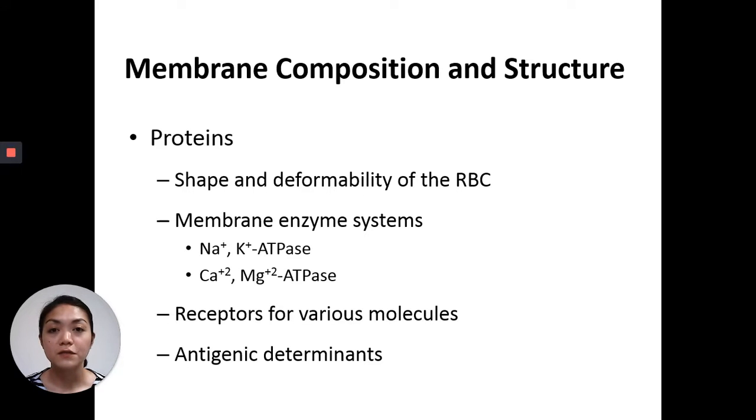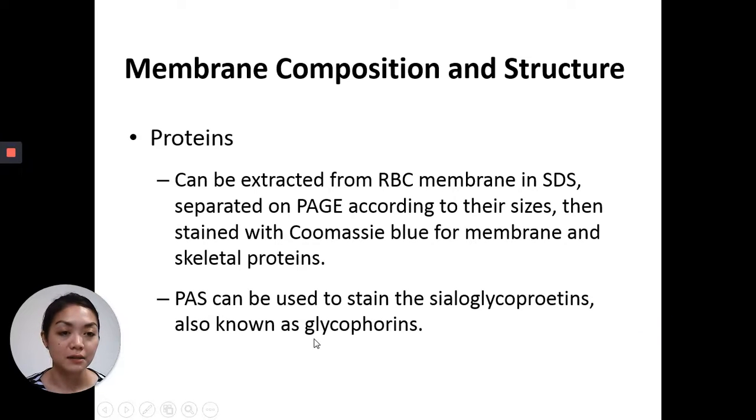Okay, receptors for different molecules are also protein in nature, and antigens are also protein in nature, which these two are attached to carbohydrates, so we call them now glycoproteins, and they are found on the outer surface of the red blood cell.